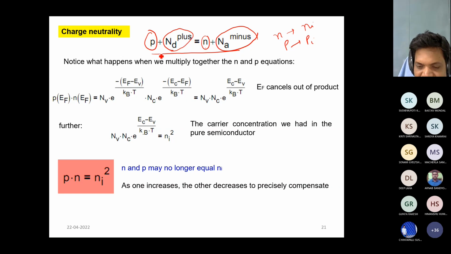Now my question is, would this n and p be the same as ni or pi, because ni and pi are the electron and hole concentrations for an intrinsic semiconductor? Will these two be the same or would they be different? No, sir, it would be different.